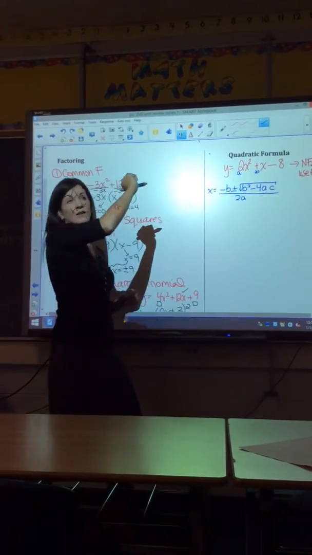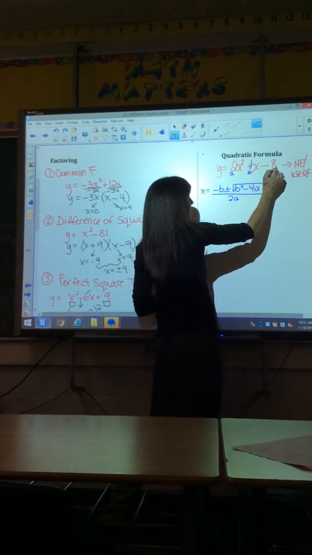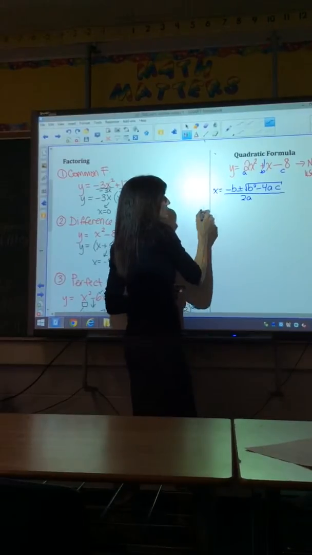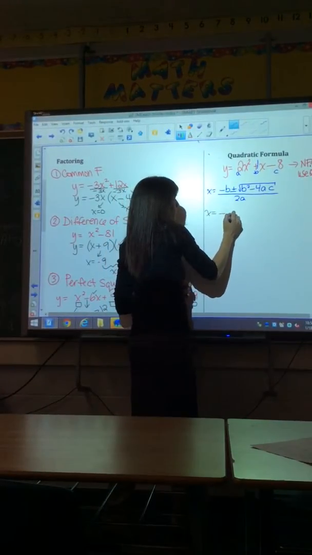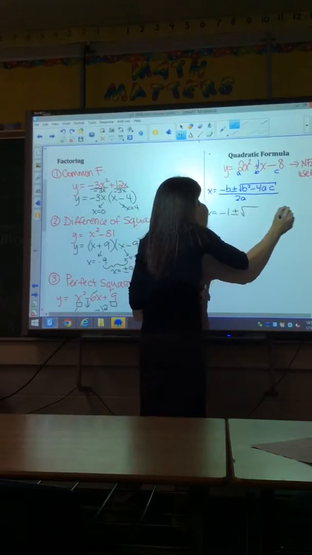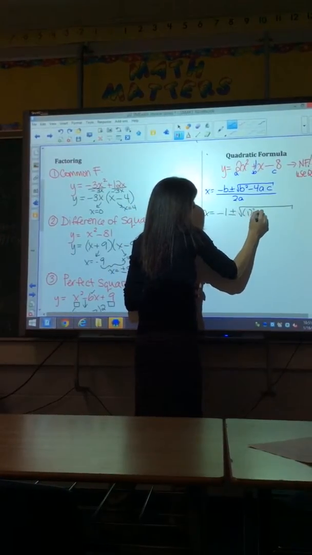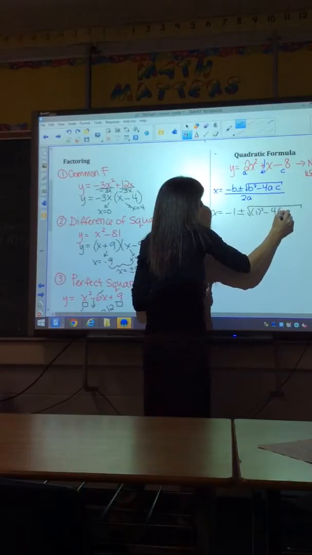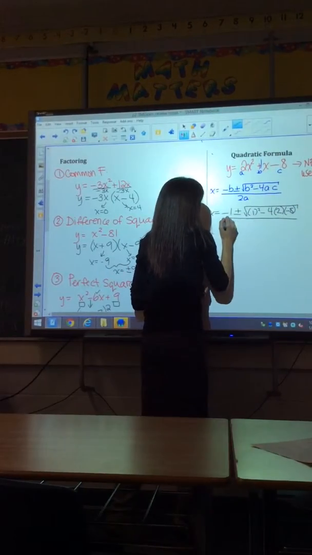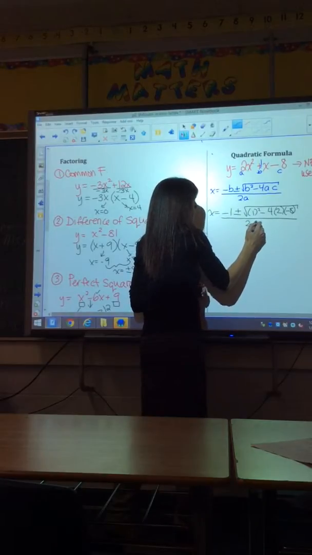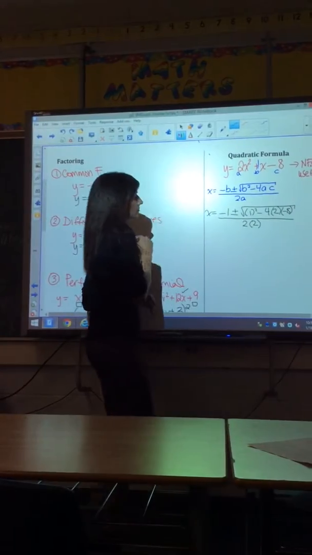What's b? 1, good. And c is negative 8. So I'm plugging those numbers into the formula. X equals negative b plus or minus the square root of b squared minus 4 times a times c all over 2a.